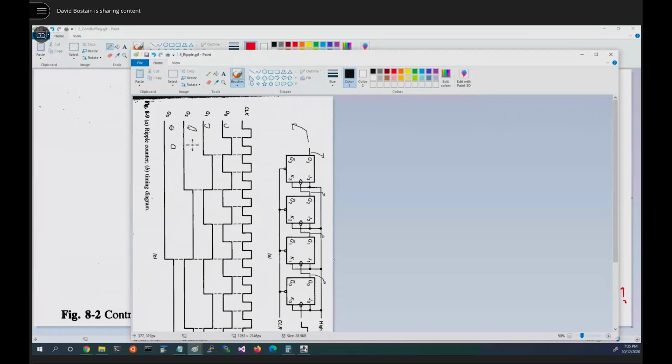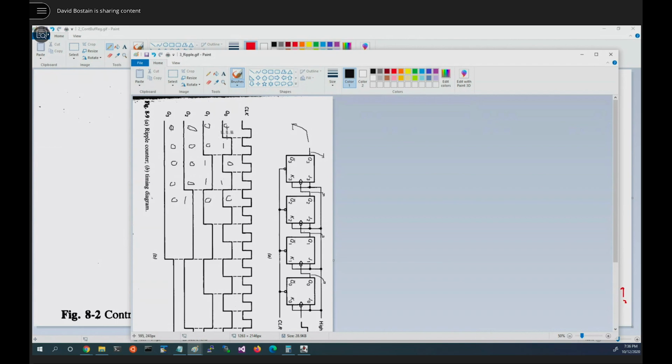We'd see 0, 0, 0, 1. We see 0, 0, 1, 0. 0, 0, 1, 1.